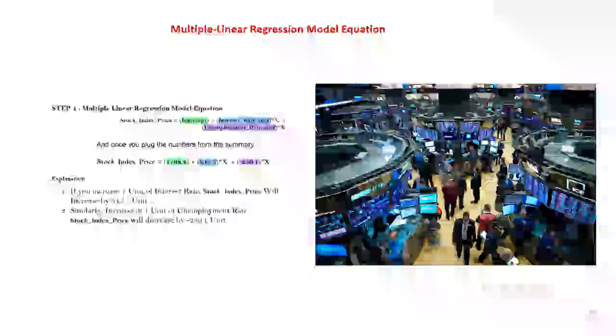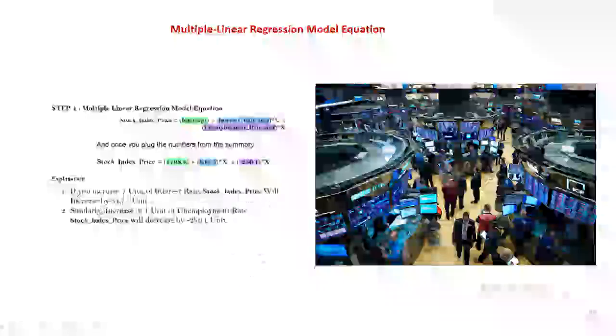It means if the unemployment rate is higher, your stock index price is going to go down. If the unemployment rate is lower, your stock index price is going to go up. So how are you going to explain it? If you increase, let's say, 1 unit of interest rate, the stock price will increase by 345.